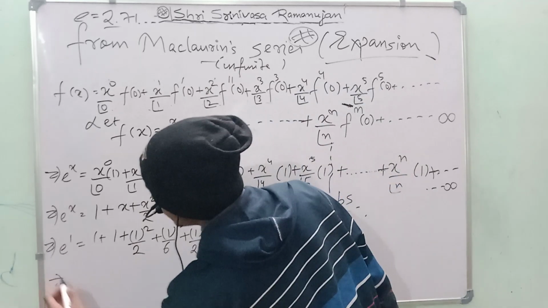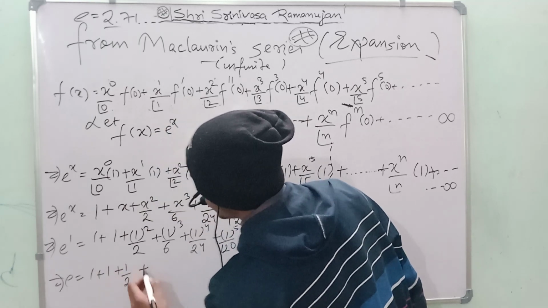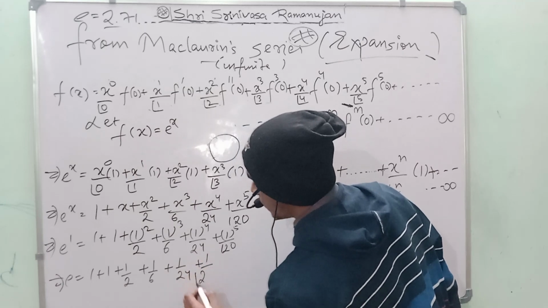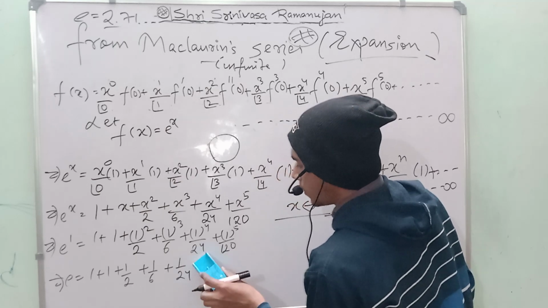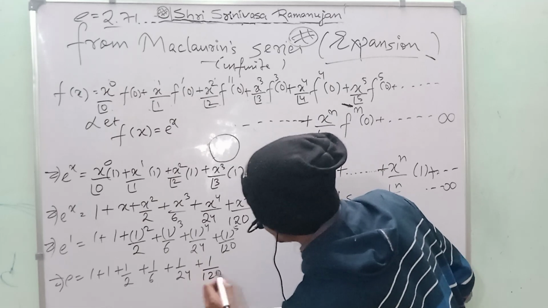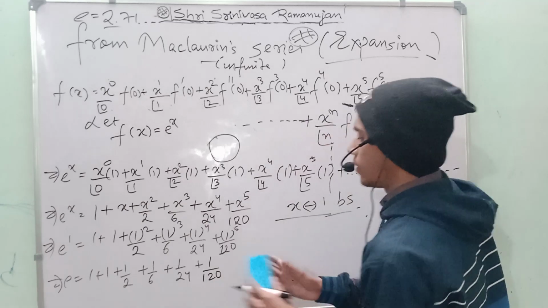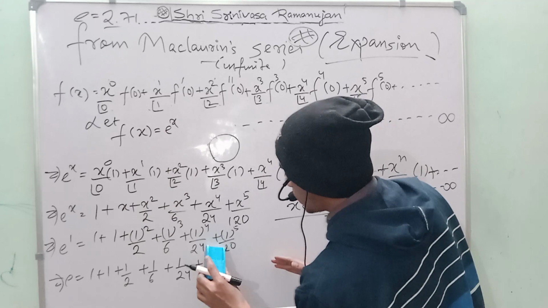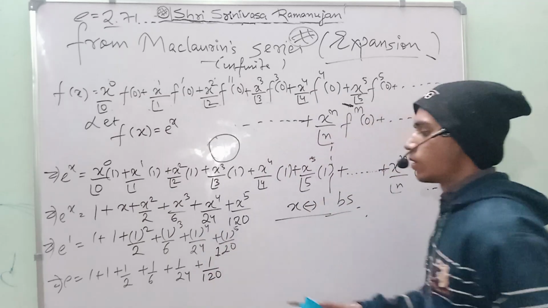Let's see the calculation. E is equal to 1 plus 1 by 2 plus 1 by 6 plus 1 by 24 plus 1 by 120.